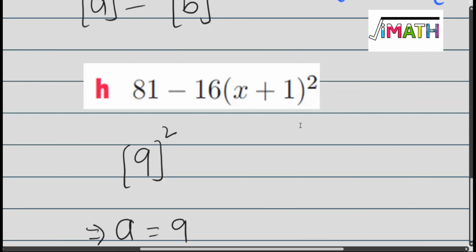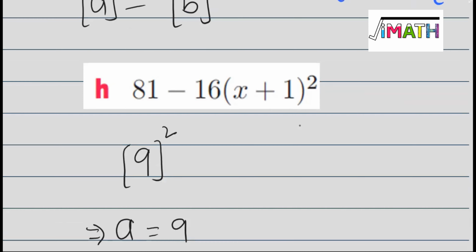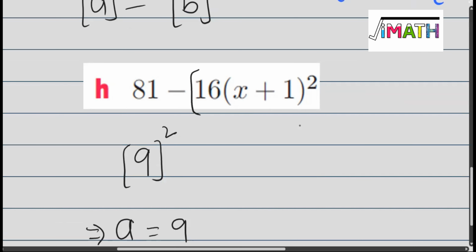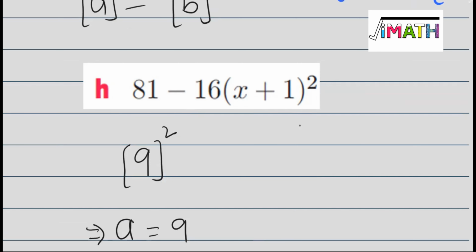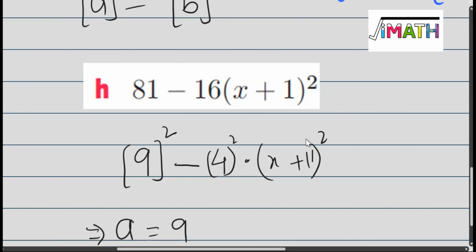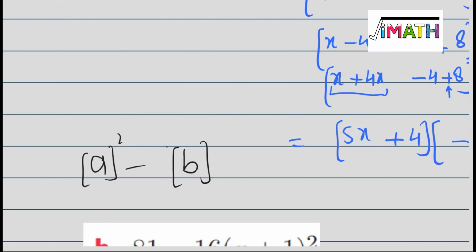And can you write 16? There must be something here as a square, right? Yes, that would be 4 squared, and (x plus 1) squared. So I have 2 squares, but according to the formula there should be only 1 square.